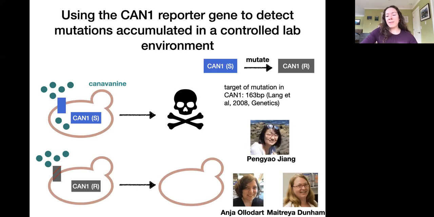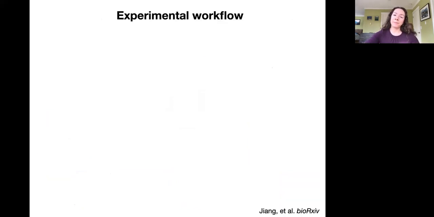This is useful as a reporter gene because you can grow a bunch of yeast, let them accumulate spontaneous mutations all over their genome, then poison them with canavanine, and isolate yeast that all have mutations in just one gene, which you can sequence for less money than the whole genome.